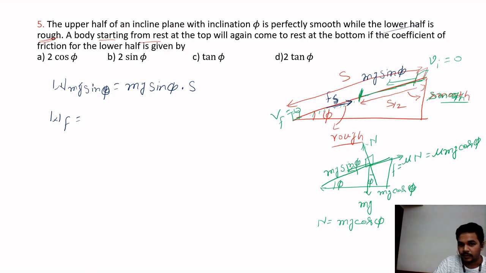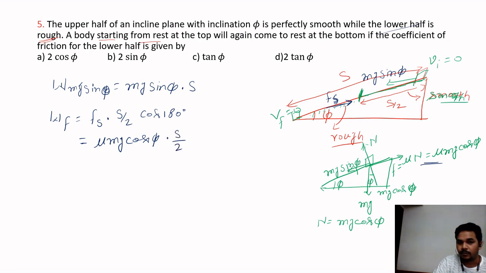So work done will be friction force into displacement, which is s by 2, and the angle will give cos 180 degrees. Why 180 degrees? Because both displacement and friction force are opposite to each other. The friction force we have already calculated: it is mu, the friction coefficient, times mg cos phi, into displacement s by 2, into minus 1.